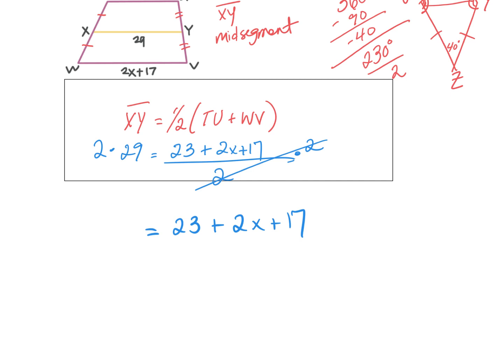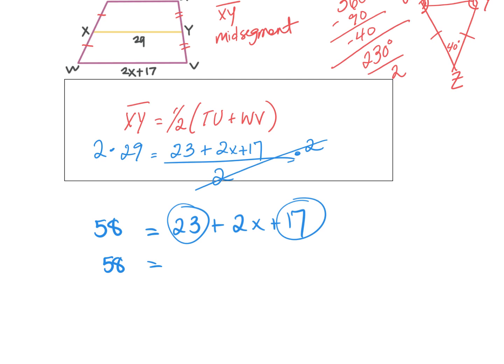So 29 times 2, is that 48 or 58? Again, at this hour, I do not trust my mental math. It is 58. Okay. So I got 58 is equal to, and I can add 17 and 23, which I believe gives me 40, if I do this correctly.